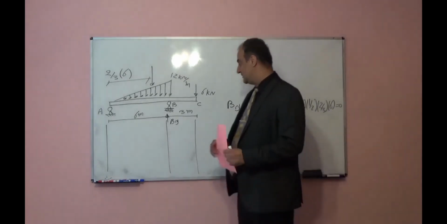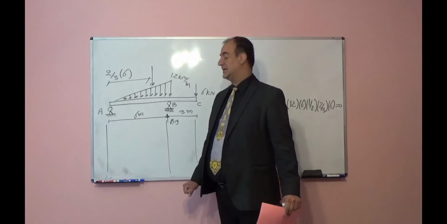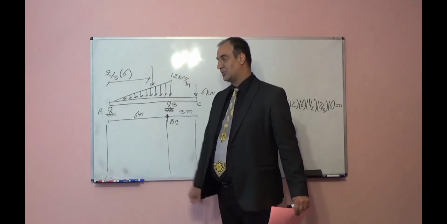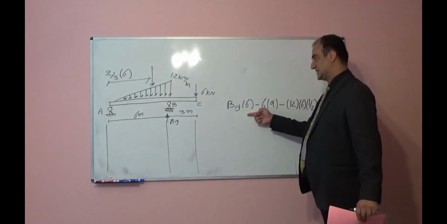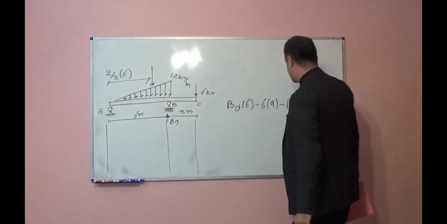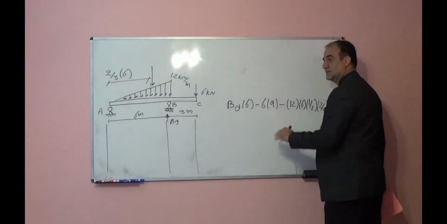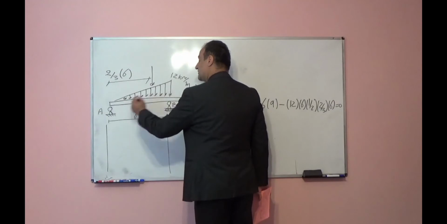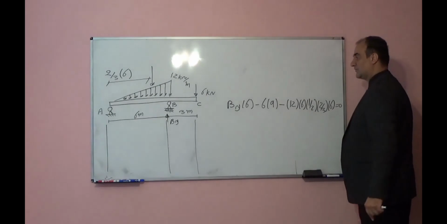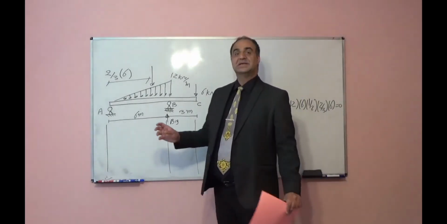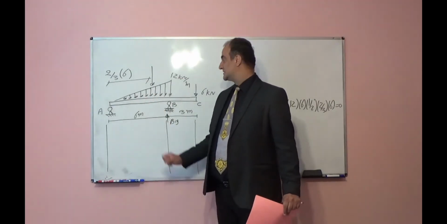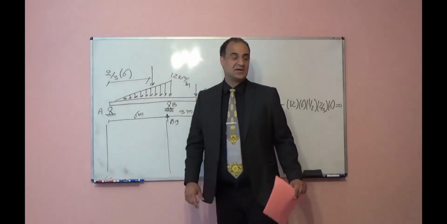So I want to find By. I'm taking moment respect to point A. By times distance will create moment counterclockwise respect to point A, so positive. By times 6. 6 times 9 will create moment clockwise, so it is negative. Negative 6 times 9. This load will create moment respect to point A clockwise, so it is negative. But what is the magnitude of the moment? Magnitude of the moment is equal to resultant force times distance of resultant force up to point A. Resultant force, it is area underneath of this triangle.